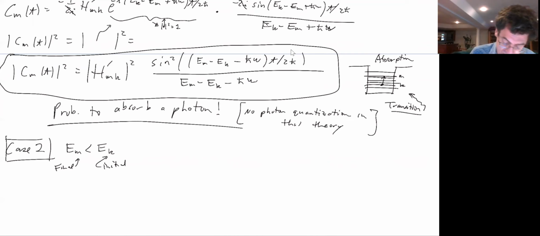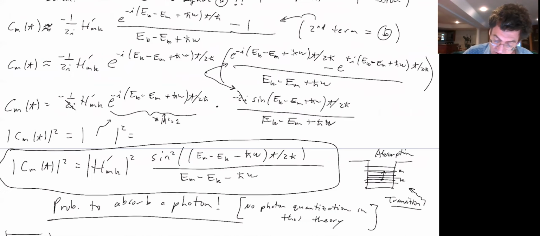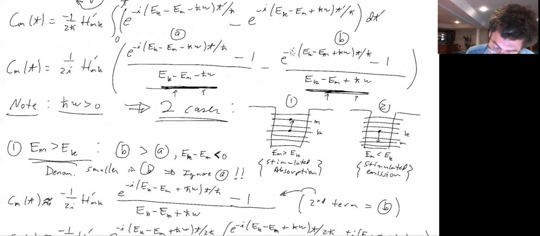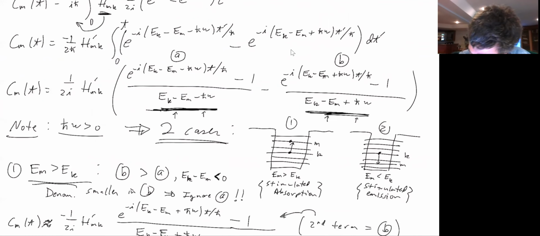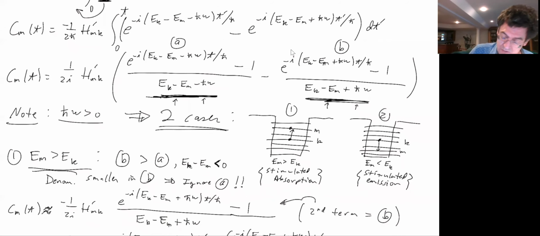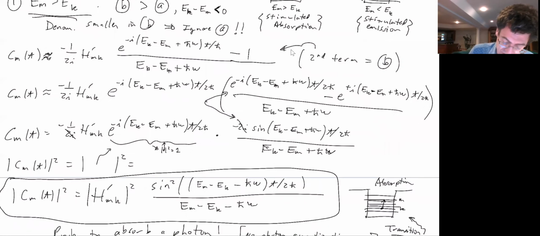And so now we see that of these two terms, using that same reasoning as before, the denominator is going to be bigger in B. And so this is the smaller denominator right here, because Ek minus Em is now a positive number. So everything is reversed.